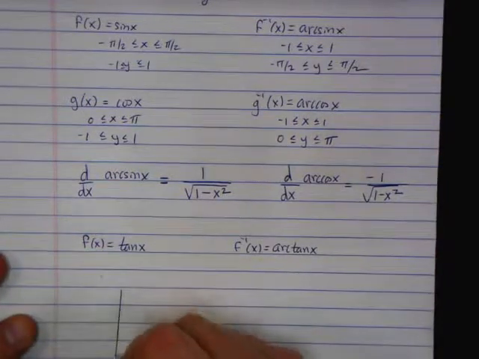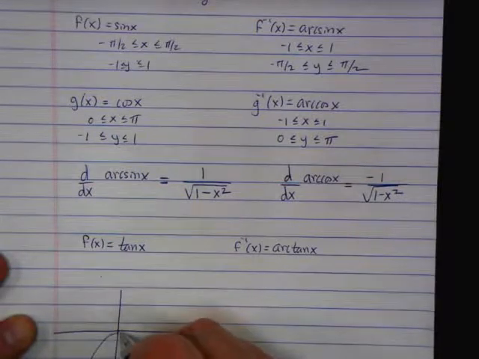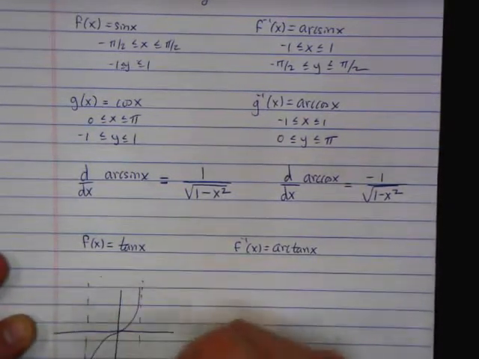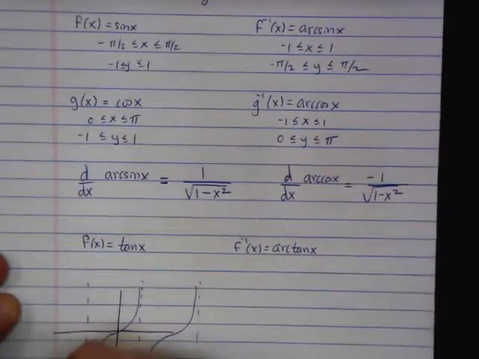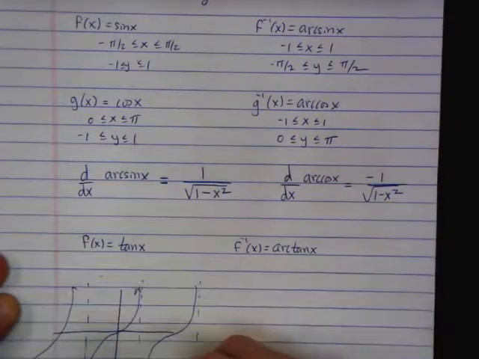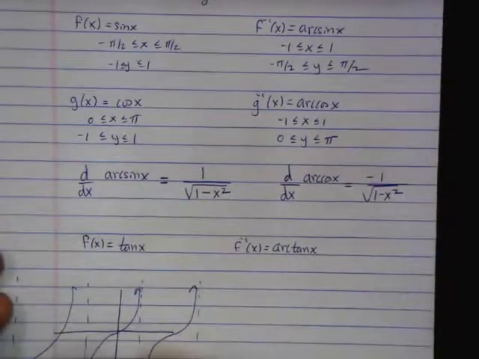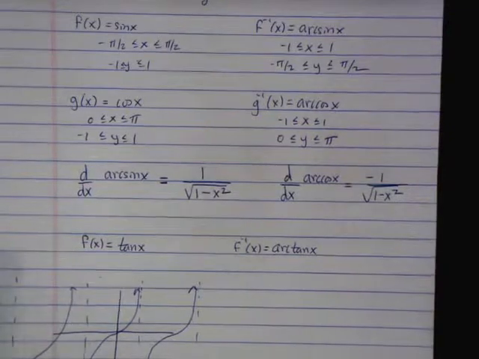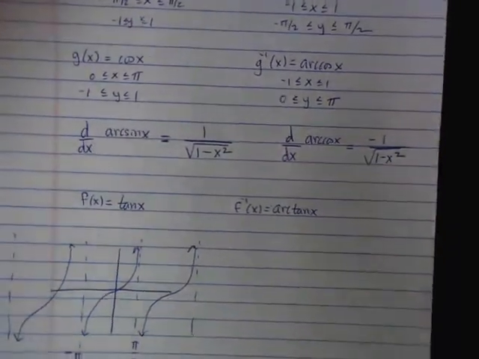Because if you look at the graph of tangent, it has these things, and it has asymptotes, like so. And I believe the first group of these asymptotes occurs at minus pi halves and pi halves.